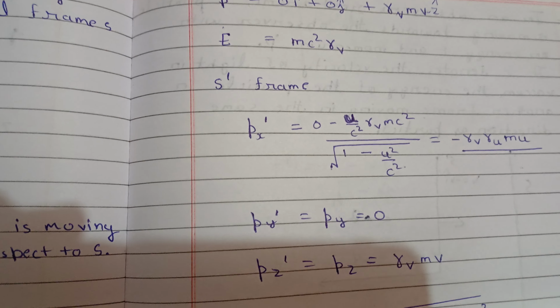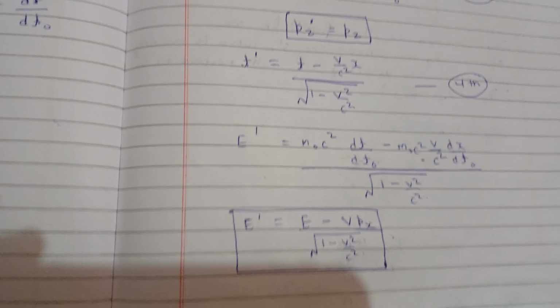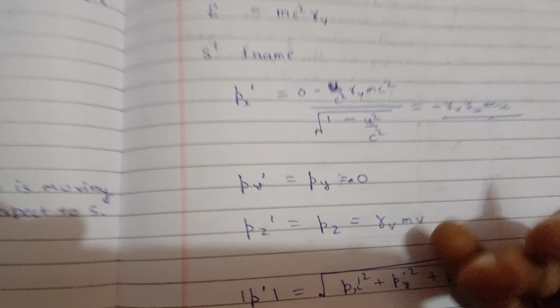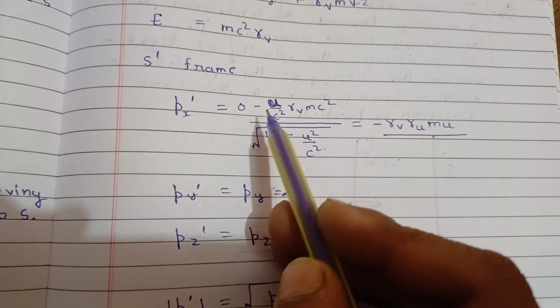In the S prime frame, the momentum is given by this formula, we just derived it, that is px minus v by c square E, so we will use that. So px prime can be written as this, px is 0, so this is the speed, and gamma v mc square. From here this is 1 upon root 1 minus u square by c square, which can be written as gamma u. This will give us, c square will cancel out, minus gamma v gamma u mu.